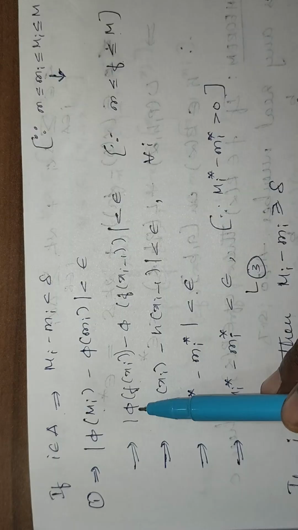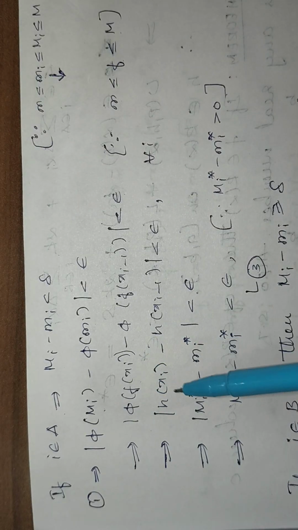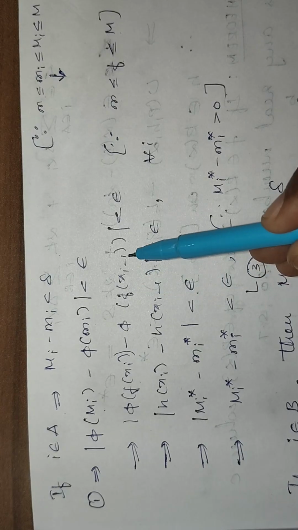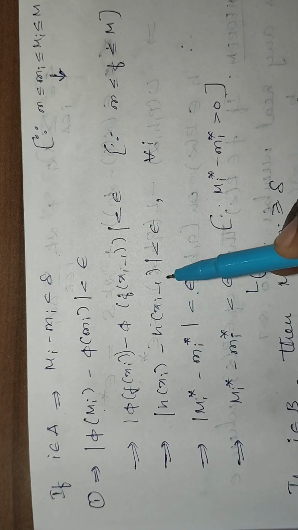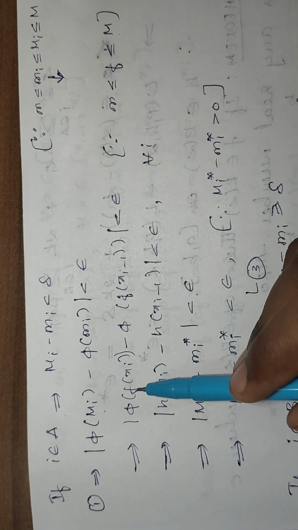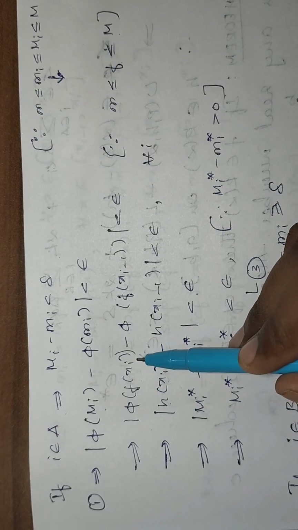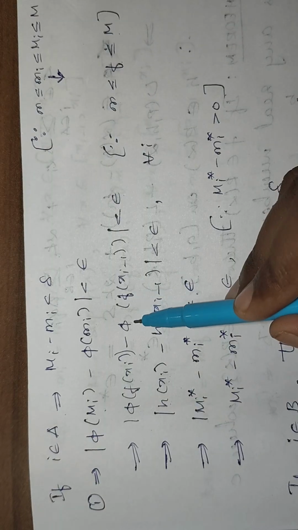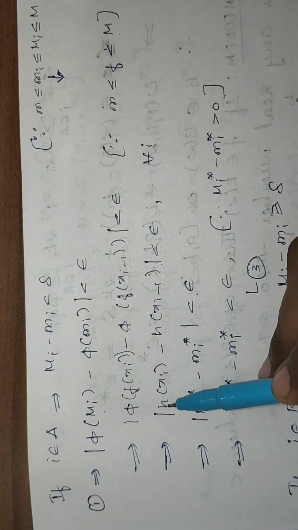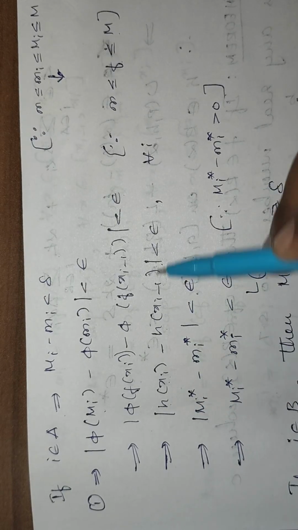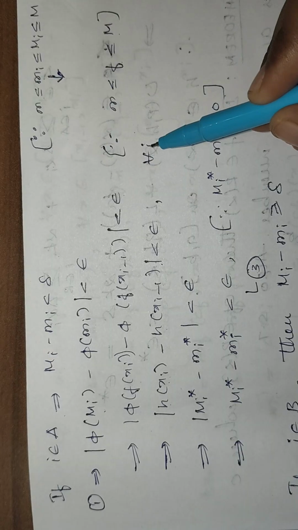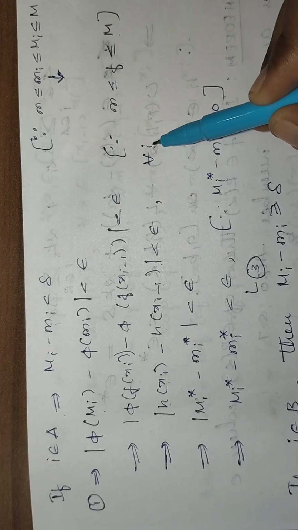Okay, so phi of f of xi is nothing but h of xi. Phi of f of xi minus 1 is nothing but h of xi minus 1. So mod of this is less than epsilon. Now the difference between these is less than epsilon for all I. That is actually the definition of uniform continuity.